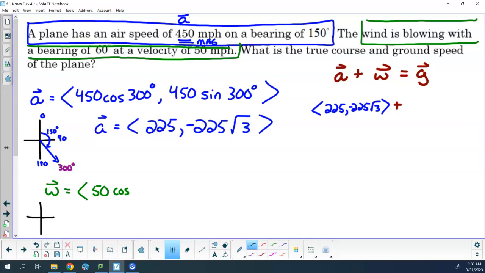Wind is blowing with a bearing of 60 degrees. Is it blowing to my 60 degree angle, or away from it? With a bearing, with, right? So it's going to 60 degrees, in quadrant number 1. What is my trig angle? 30.